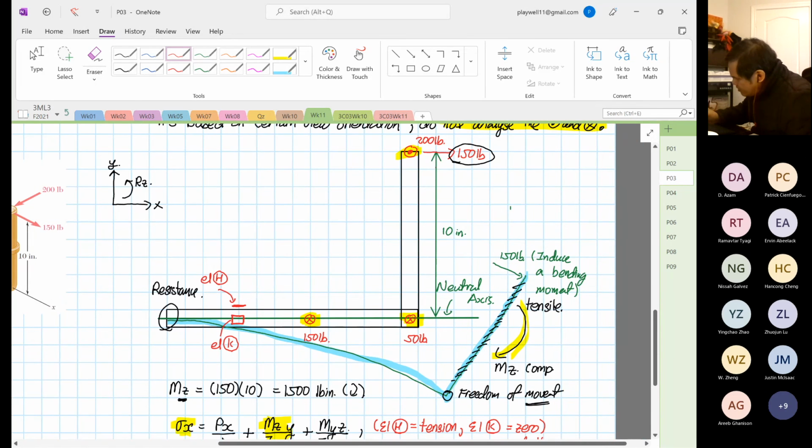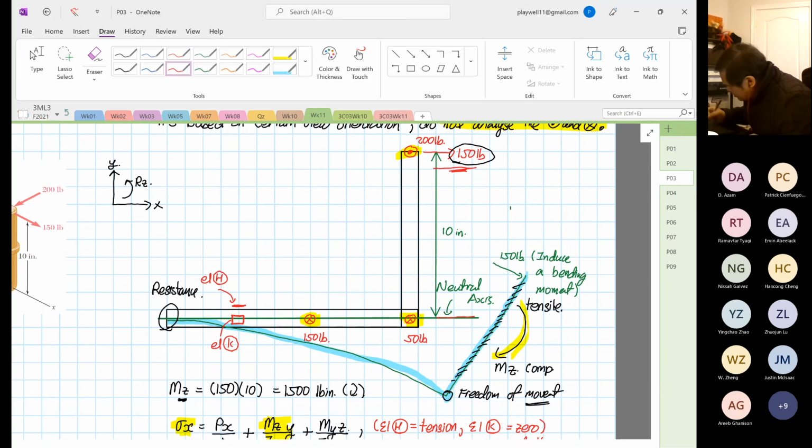If you look at this 150 over here, the 150 will also induce an axial loading. So you have to bring the 150 down here.